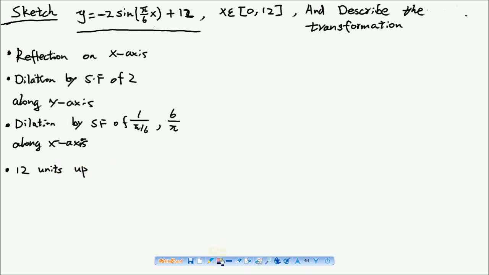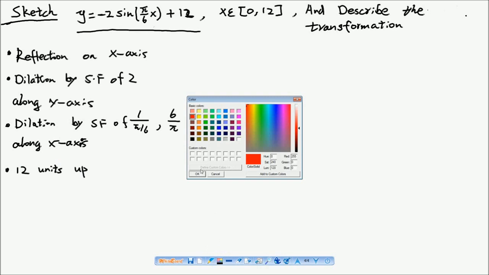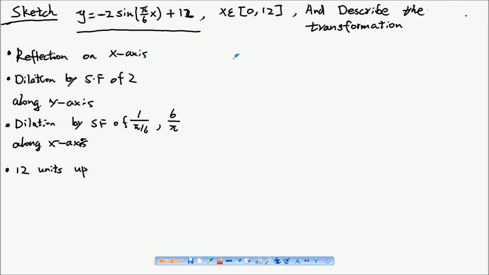Now let's draw the graph. The standard graph is in this form. This is a standard sine wave, x, y. Because we have a reflection, our graph should look like that.